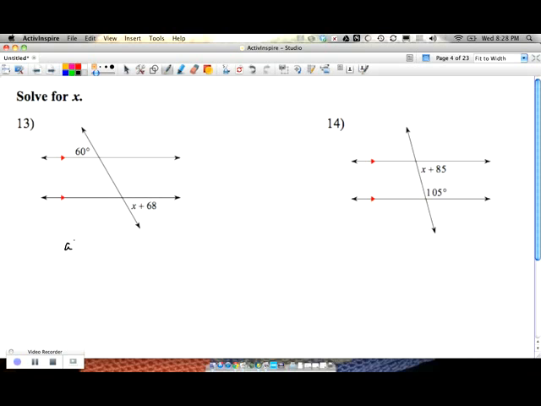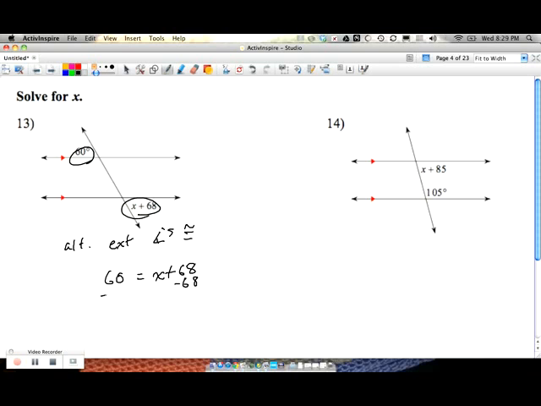All right, here the relationship we see is alternate exterior angles. Whenever angles are alternate interior or alternate exterior, they are going to be congruent. So that means that 60 degrees and this x plus 68 are going to be equal. So 60 equals x plus 68.